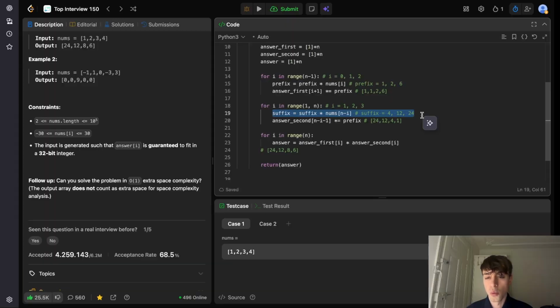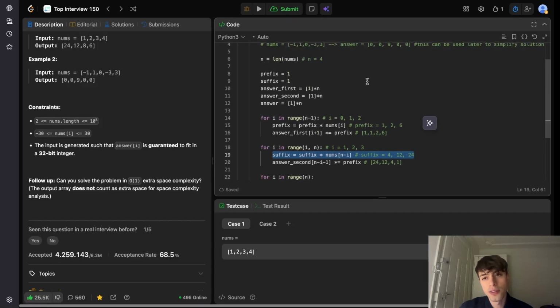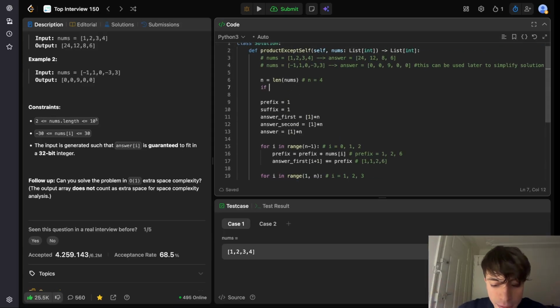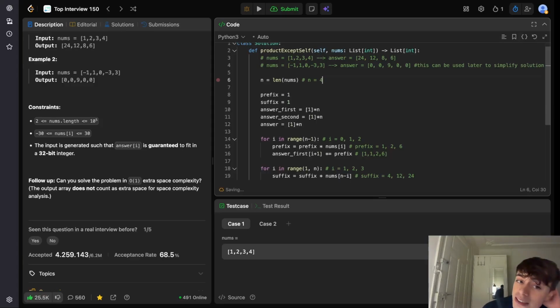So no. What if the array is empty? So if the array is empty, we can just say, hey, if n is equal to 0, but we have a constraint. We know that nums length is greater or equal than 2, so we don't need this.